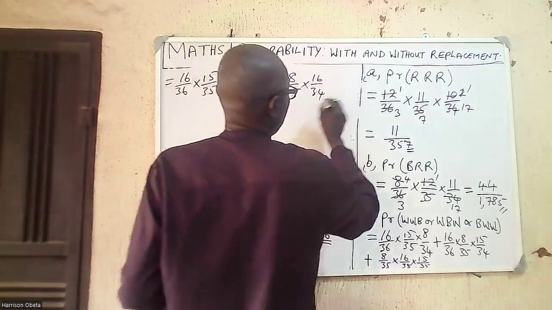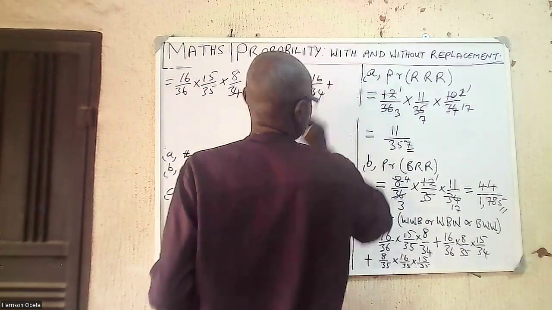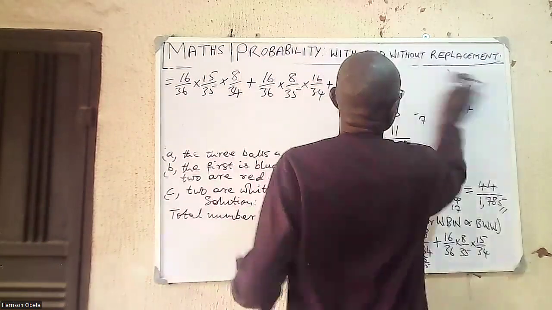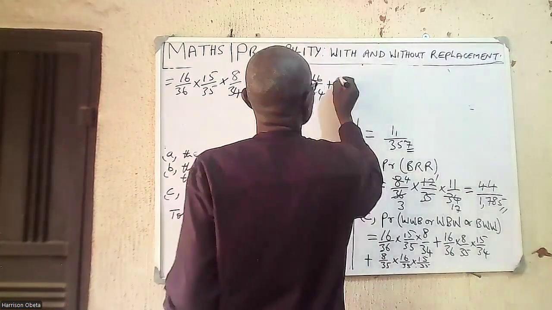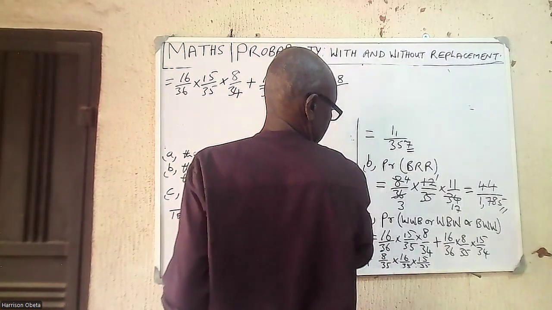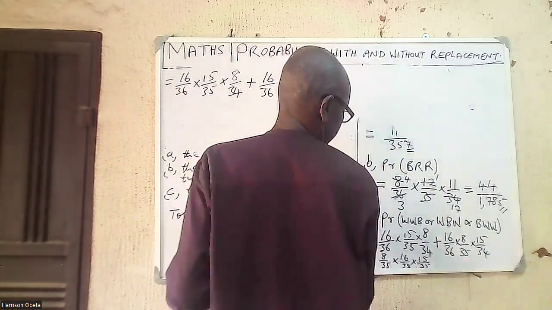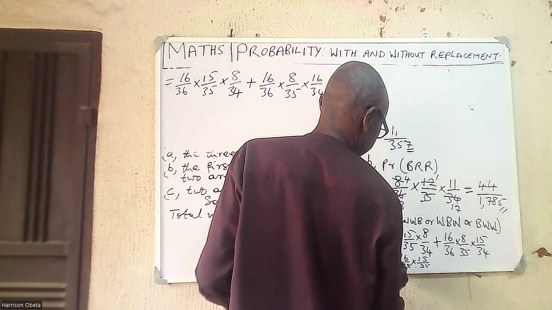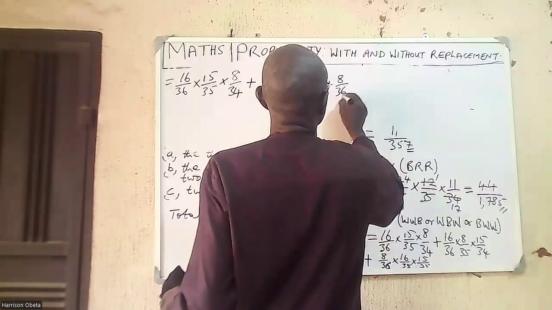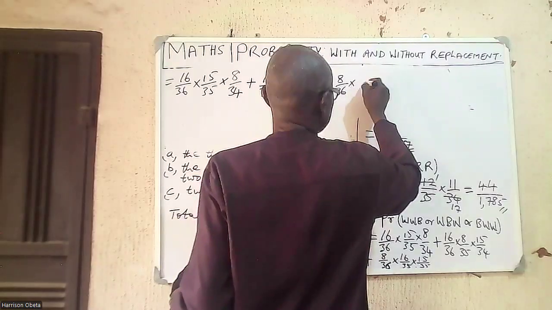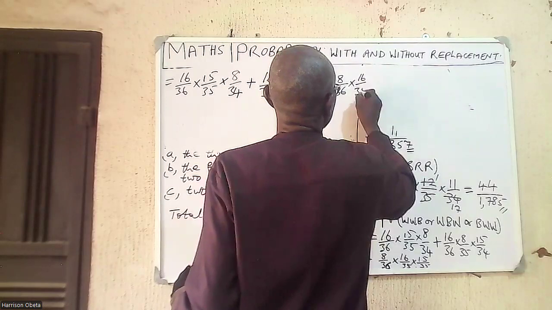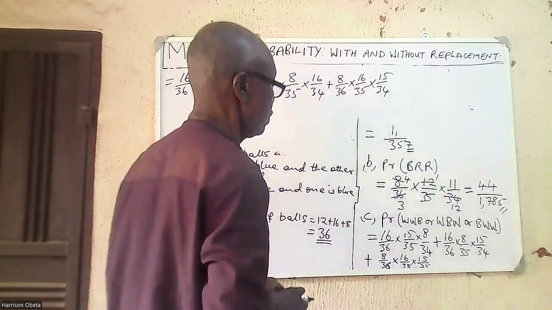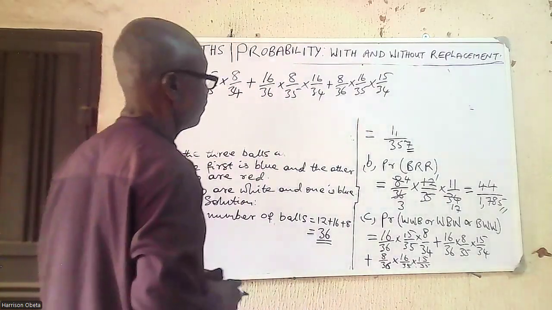Then plus 8 over 36, 16 over 35, 15 over 34. So in each case, you simplify.